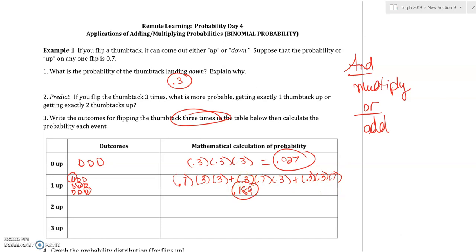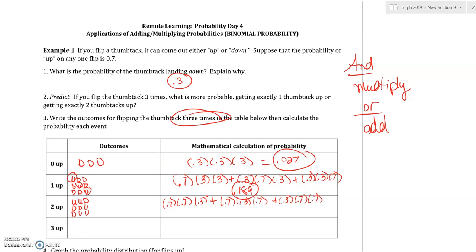Okay, so what about 2 up? Well, you could have up, up, down, or you could have up, down, up, or you could have down, up, up. Okay, so there are 3 ways. So again, here's up, up, down, or up, down, up, or down, up, up.